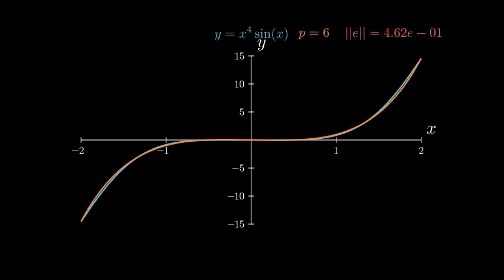By the time we reach the 6th order polynomial, there is almost no difference between the exact function and the fitting function. So we can say for smooth functions, polynomial fittings are really good. So let's take one more example.